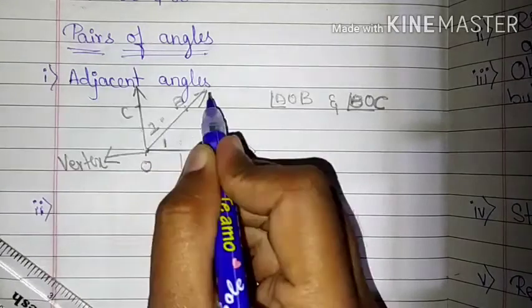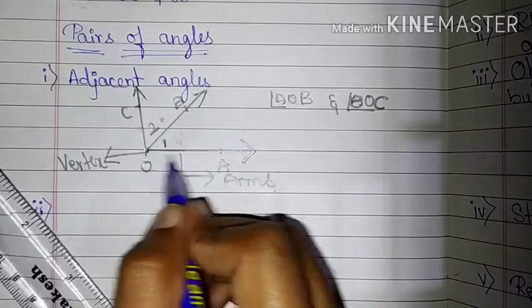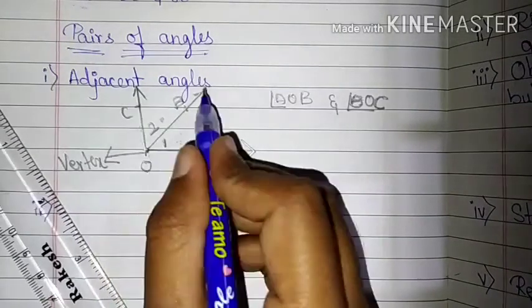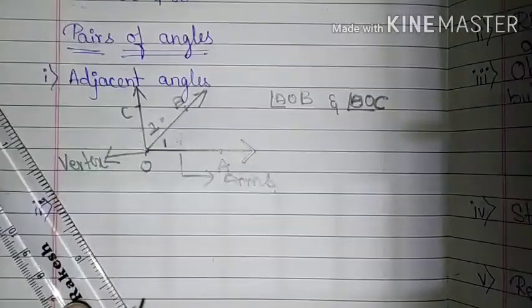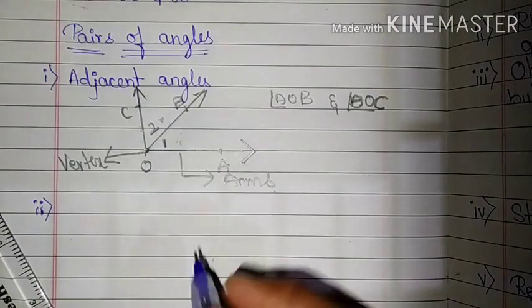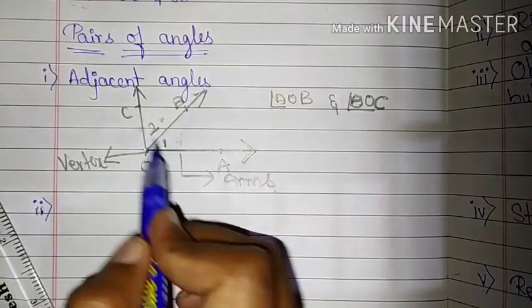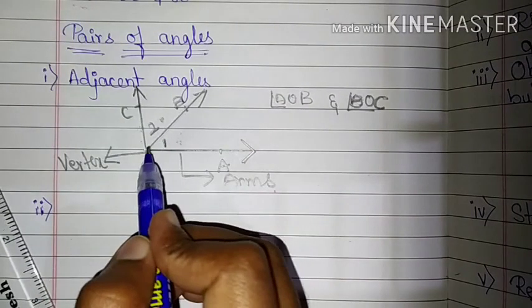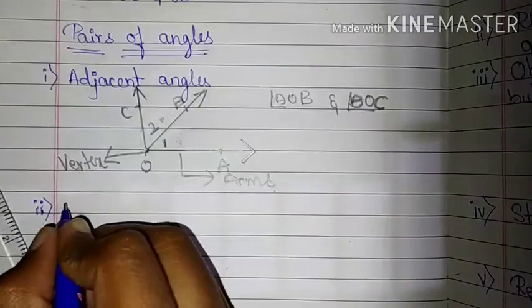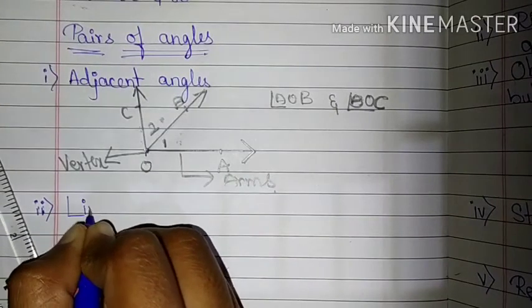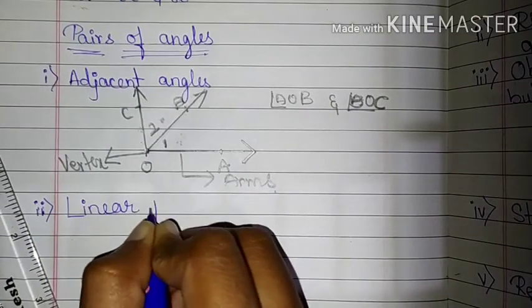This is also an arm, this is also an arm, not just this one. These two rays OB and OC are also arms of the angle. So now we saw that adjacent angles have a common point as well as a common arm. Similarly, we have something known as a linear pair.